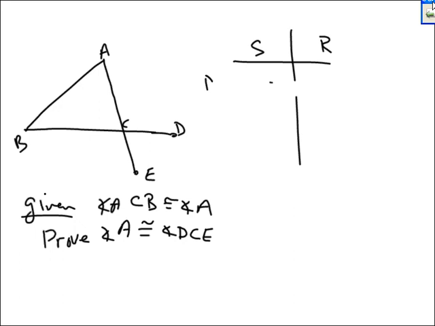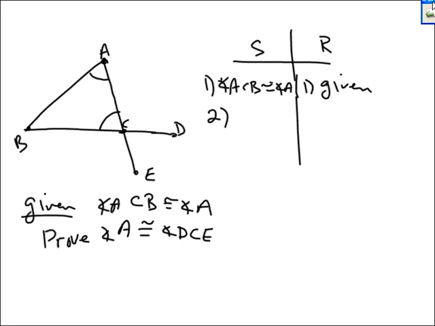Or as it's written below, angle ACB is congruent to angle A. The reason, of course, is we were given this information. So ACB, that angle, is congruent to angle A. Okay?